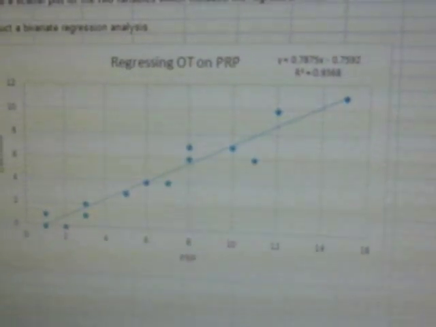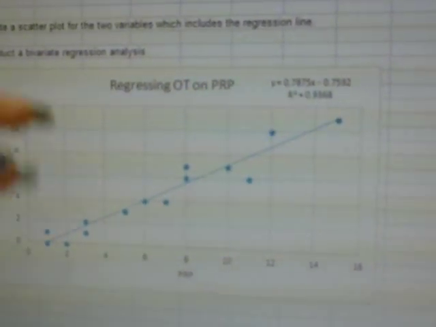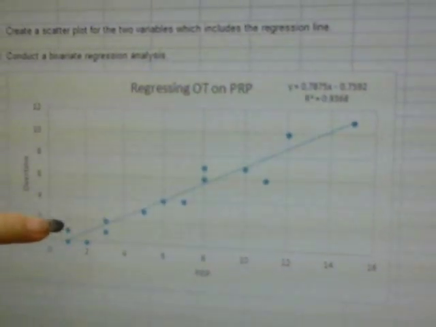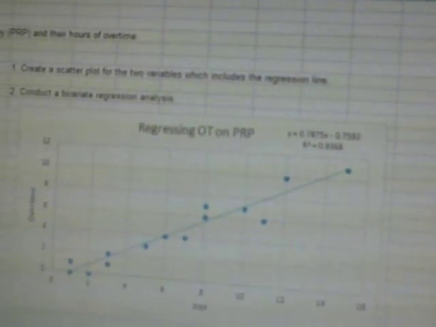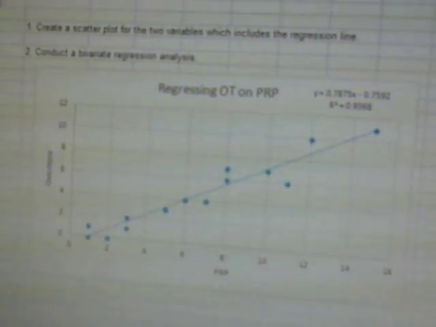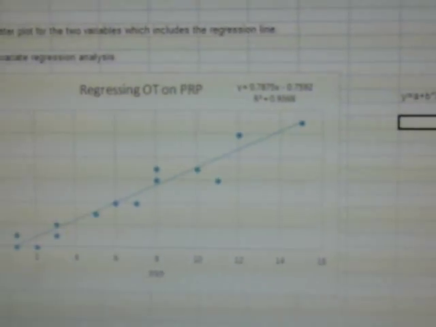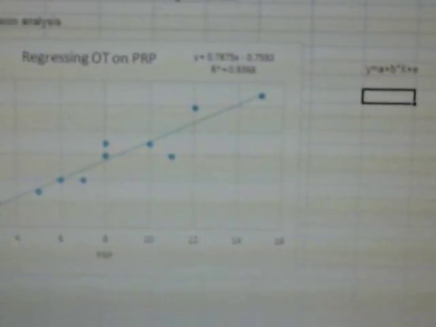If we drew out a Venn diagram, we would see an overlap between PRP and overtime, right? The r squared really just has to do with the fit of the model. How well does our overall modeling of the relationship fit together? Okay, let me get to that part so I can explain it better.